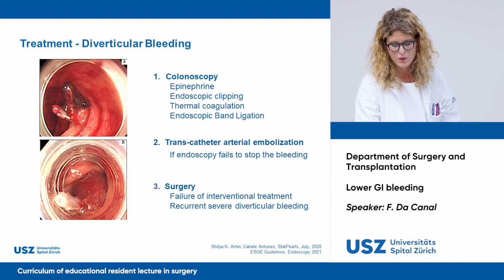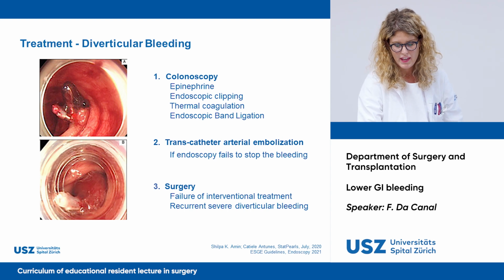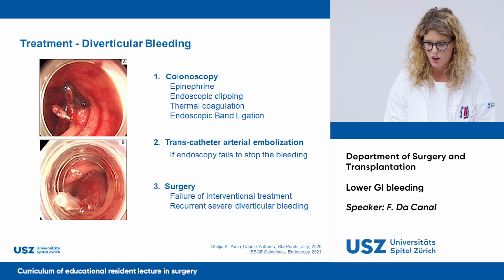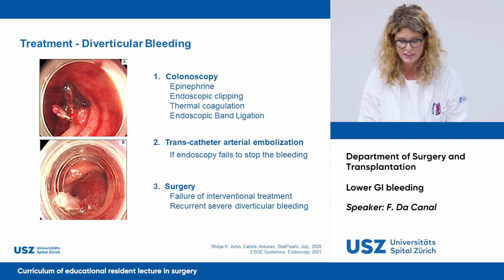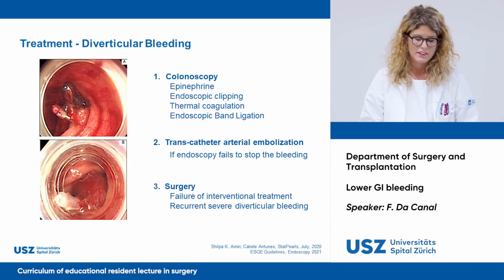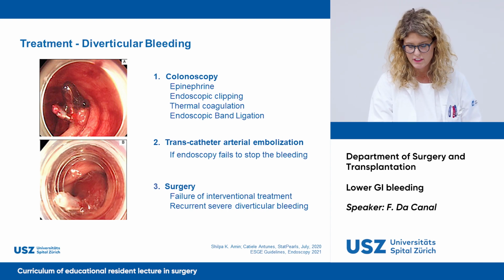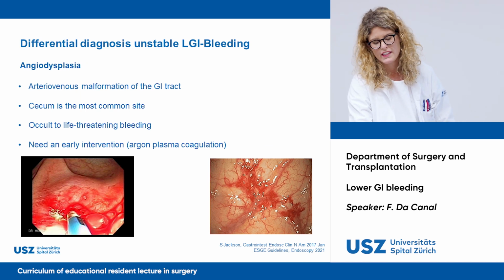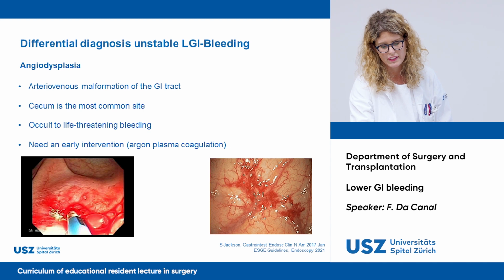If with the colonoscopy the bleeding cannot be stopped, a transcatheter arterial embolization should be performed. And surgery is indicated just for patients with ongoing bleeding after failure of the other interventions, or for patients with recurrent severe diverticular bleeding.